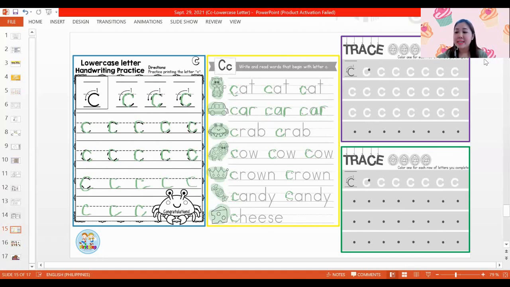So for the last set of worksheets that we have, we are going to trace our capital and our lowercase letter C's only.